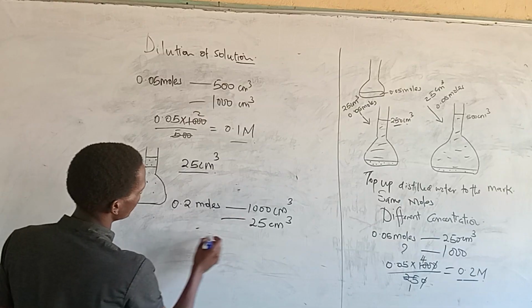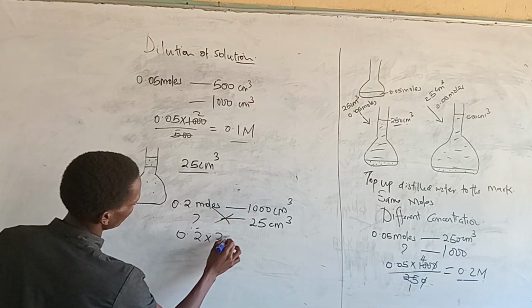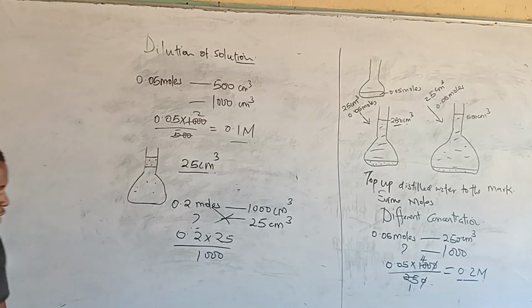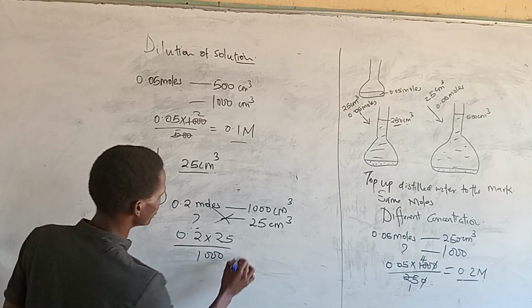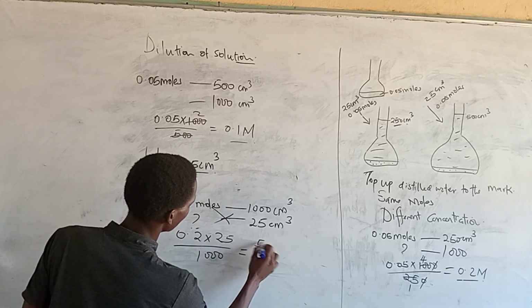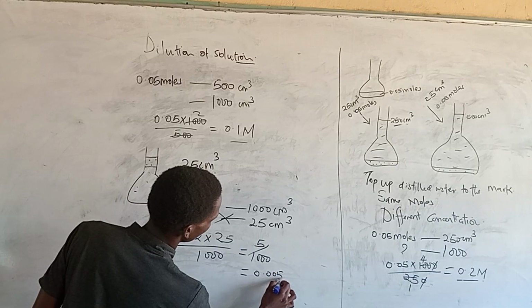So what you are going to have here is 0.2 times 25, then divide by 1,000. When you multiply this, you get 5. When you divide by 1,000, you get 0.005 moles.